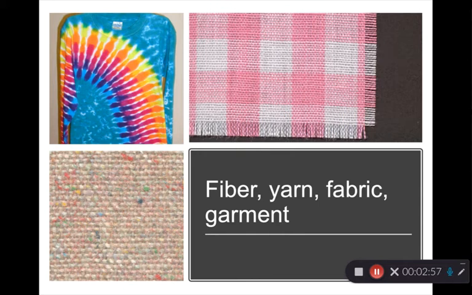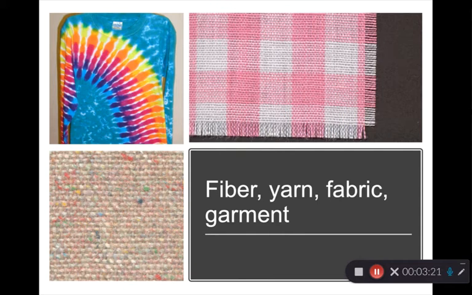You can also make decisions at the fabric stage. This is less expensive than fiber or yarn dyeing, and you can delay your color decisions. When you make these dyeing decisions at the fabric stage, that's often called piece dyeing. Piece, like a piece of paper.